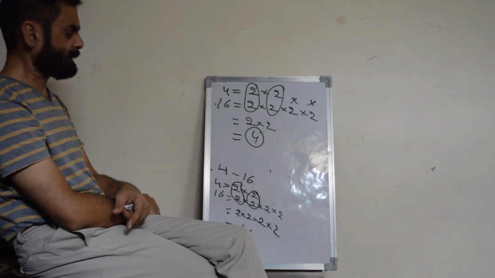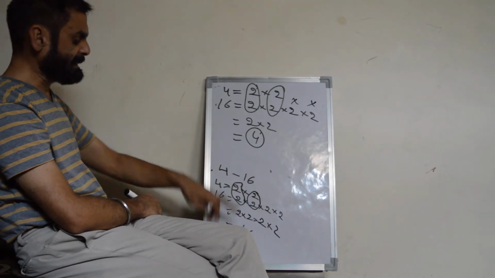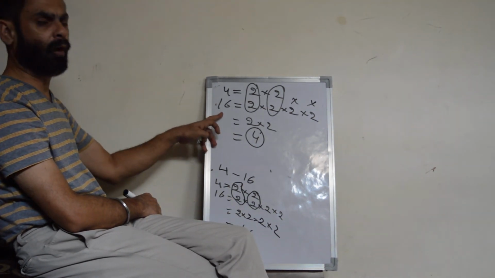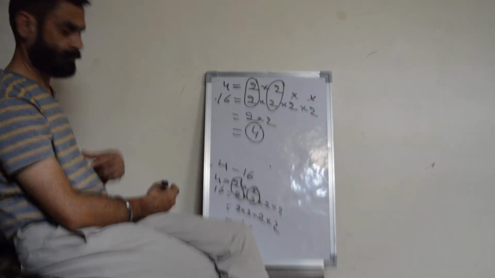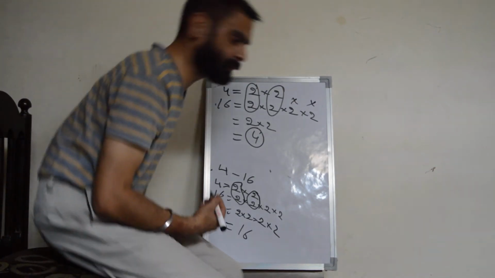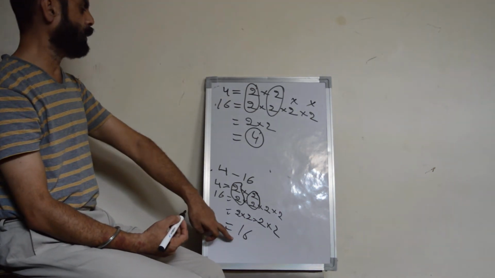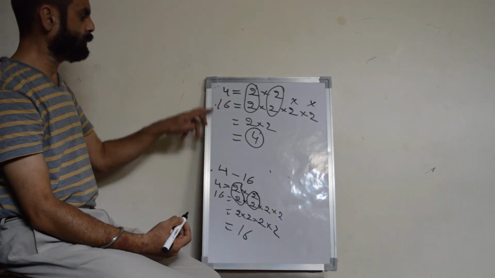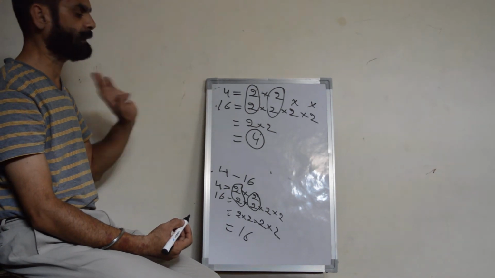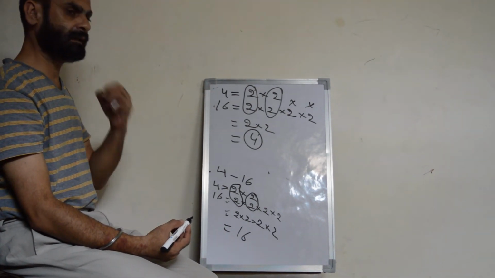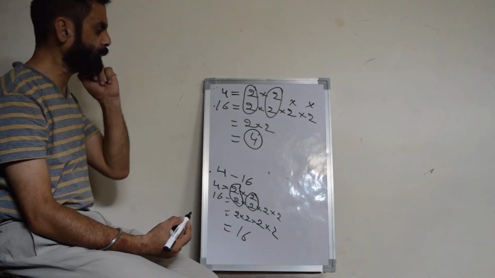Now students, you might have observed that the LCM is always bigger than or equal to both the given numbers, and HCF is always equal to or smaller than the given numbers. That is the thing that you have to remember whenever you have to find out the HCF.